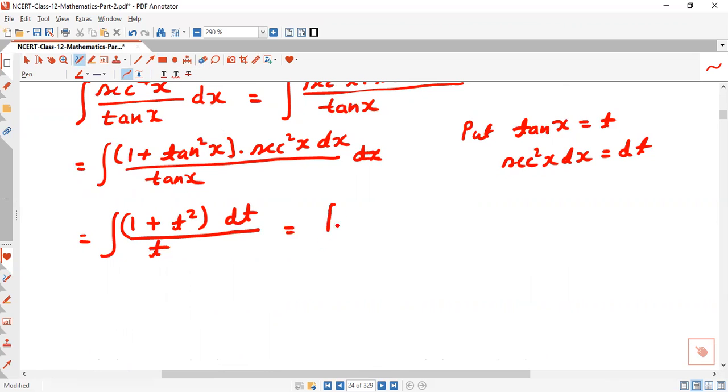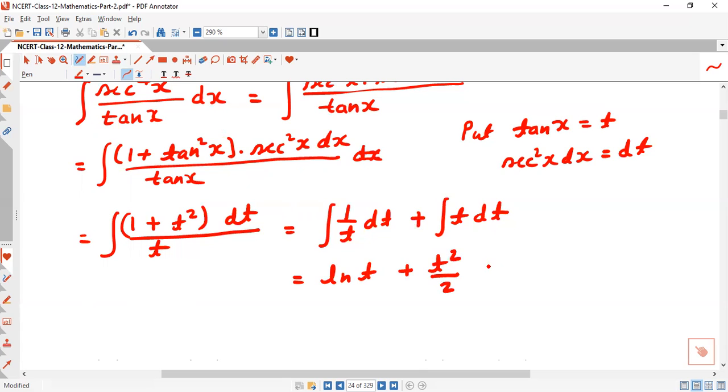Simplify this one, separating the terms in the numerator: 1 by t dt plus t dt. Taking integration, you get log t plus t square by 2 plus some constant c.